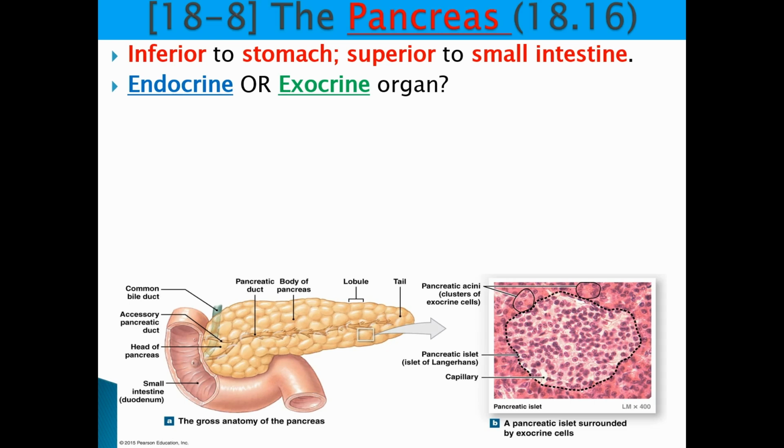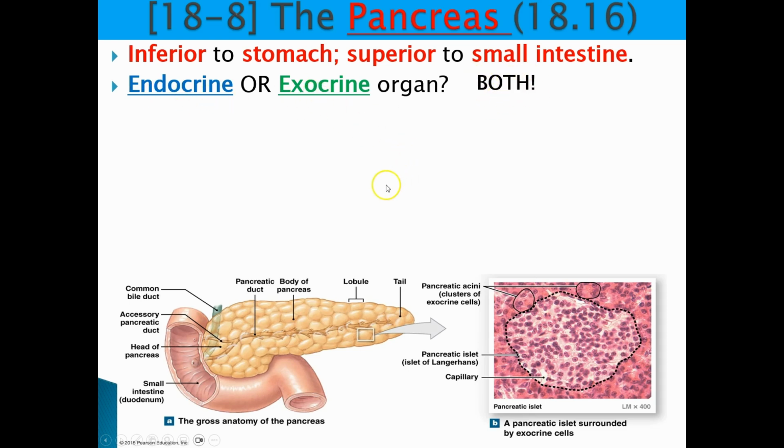Do students understand what endocrine means, and what exocrine means? Obviously, we're in the endocrine system, so why would I bring up exocrine? The reason is that the pancreas is one of the main organs that produces digestive enzymes, so it functions as both. It's both endocrine and exocrine.